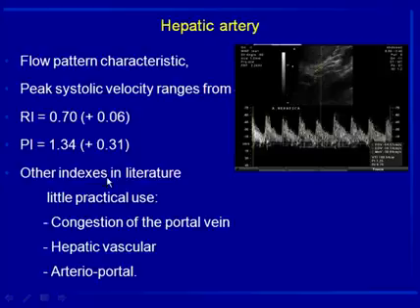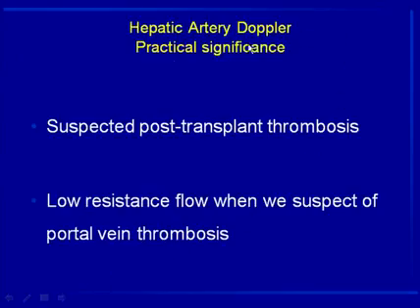There are many indexes described in the literature, but in some cases there is little practical use, such as the congestion index of the portal vein, hepatic vascular indexes, and arterioportal index. The practical significance of hepatic artery Doppler is in suspected post-transplant thrombosis, and low resistance flow when we suspect portal vein thrombosis.